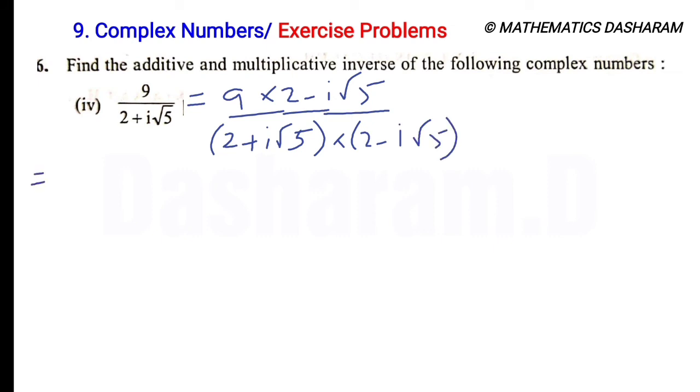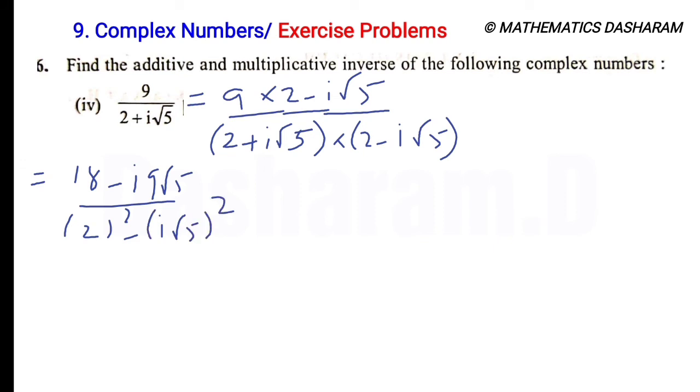So then it is equal to 9 2s are 18 minus i 9 root 5, divided by, here, the a plus b into a minus b formula. So a square minus (i root 5) whole square. So it is equal to (18 minus i 9 root 5) by 2 square, 4, minus i square into root 5 square, which is 5.